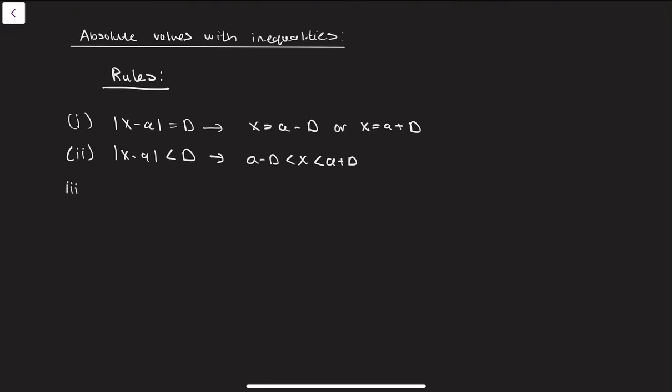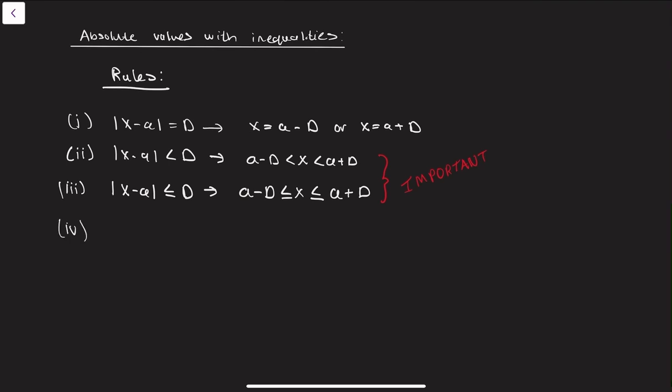For the next one, and I'll touch on these shortly, we have |x minus a| less than or equal to d. This is just an extension from the previous one, a minus d less than or equal to x, and x being less than or equal to a plus d. And these are important. You really need to know these ones.